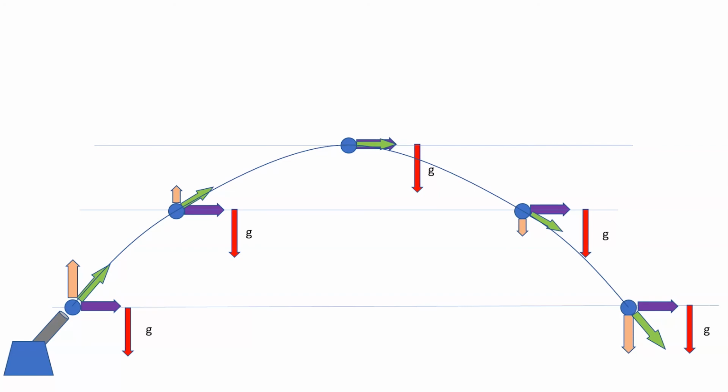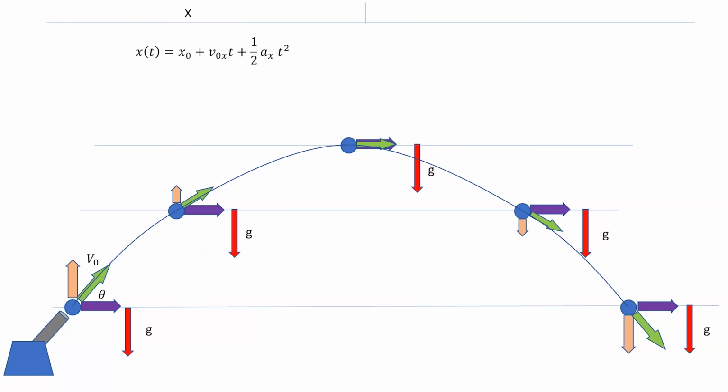All of the speed points to the right. Notice the purple arrow never changes because gravity is perpendicular to it. It doesn't change its speed. What happens next is it accelerates downward, so that yellow arrow grows again, and the velocity, the green velocity vector, ends up pointing down in basically the opposite direction that it started out.